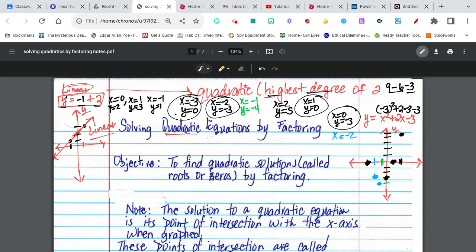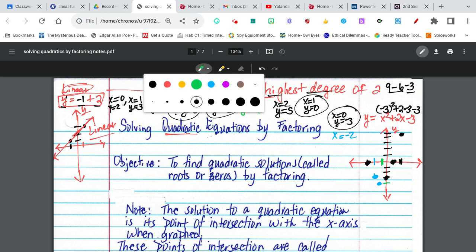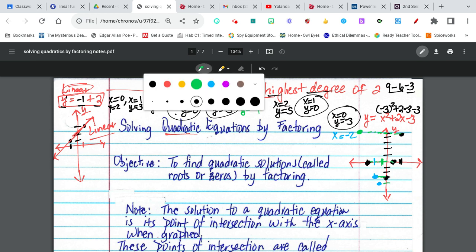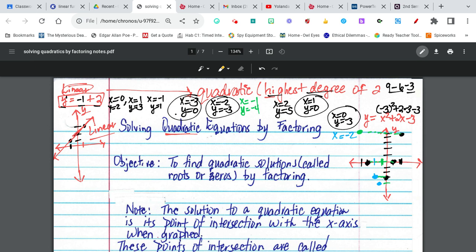I can guarantee you it's going to be about right in there, because it looks like these dots here are equidistant from each other. Okay, but let's check and see. I think I'm going to get a 5.